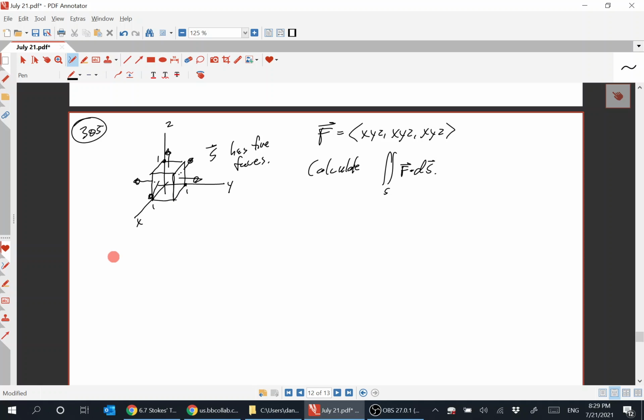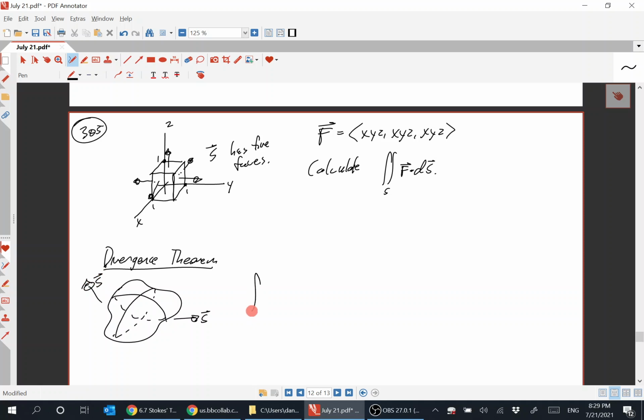Okay, so the divergence theorem says, whenever you have a closed, boundaryless, two-sided surface oriented outwardly, the flux integral of F dot dS over S is equal to the triple integral over R, the inside of S, of the divergence of F dV.